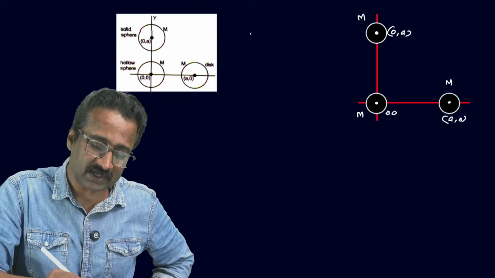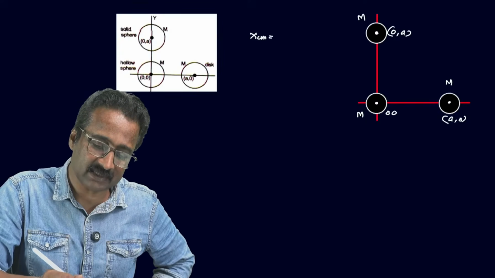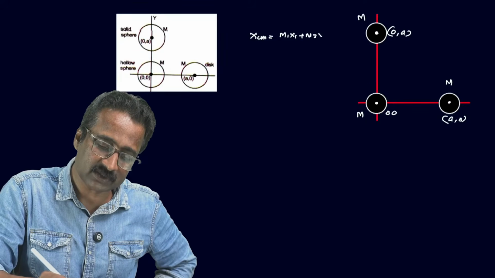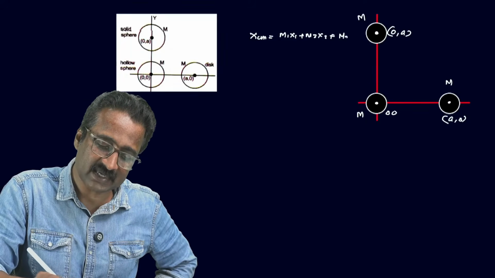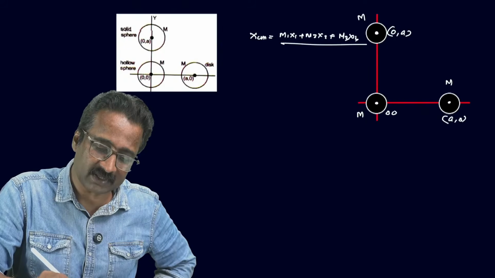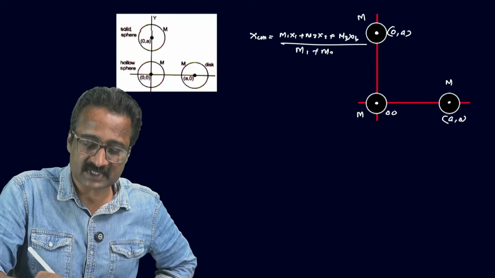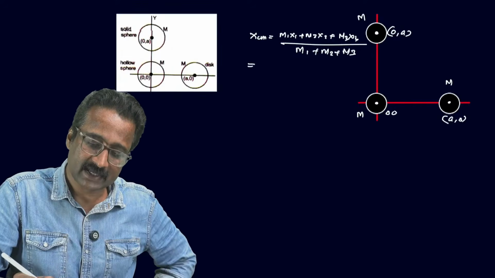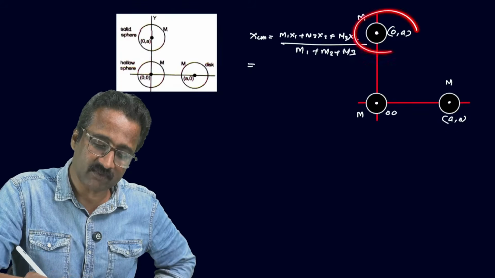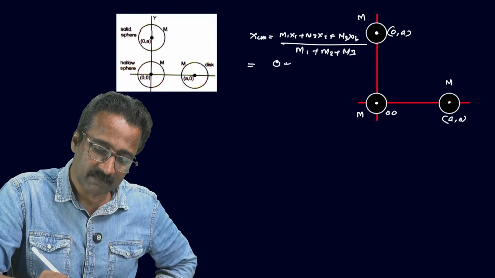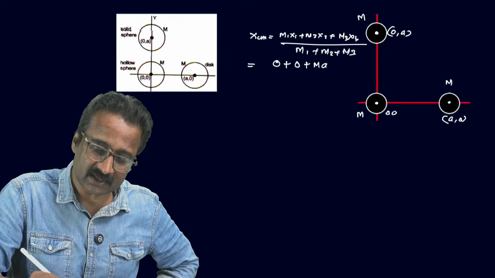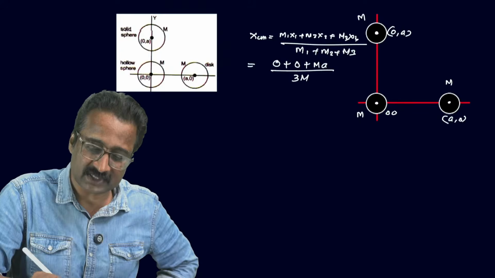You know that xcm is equal to m1 x1 plus m2 x2 plus m3 x3 by the sum of masses m1 plus m2 plus m3. m1 x1 is 0, plus m2 x2 is 0, plus m3 x3 is ma, divided by total mass 3m. So that gives you a by 3.